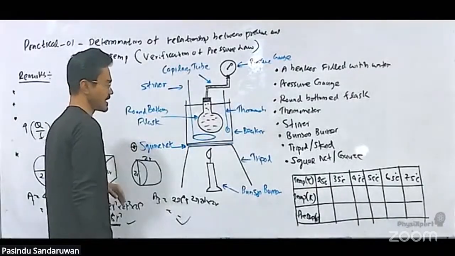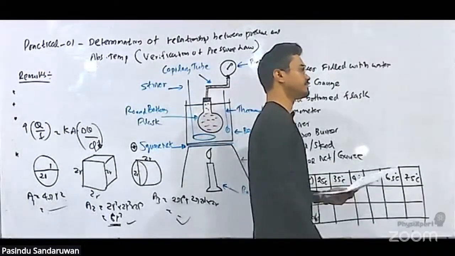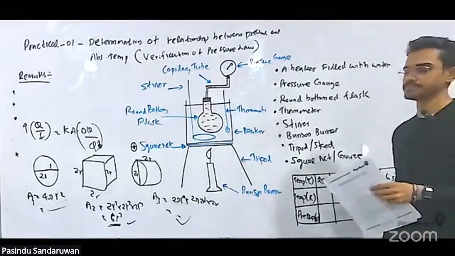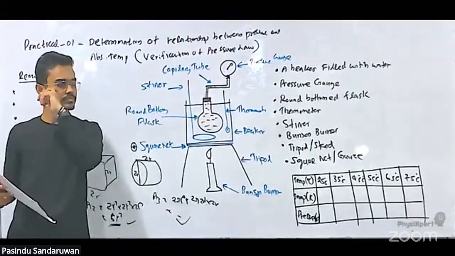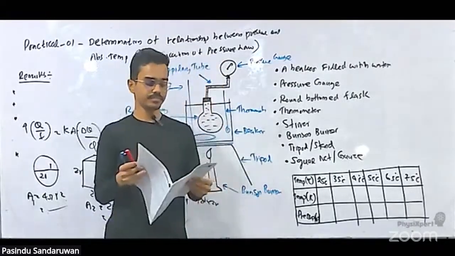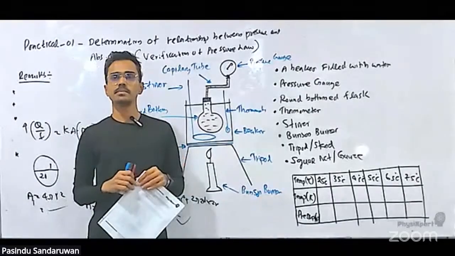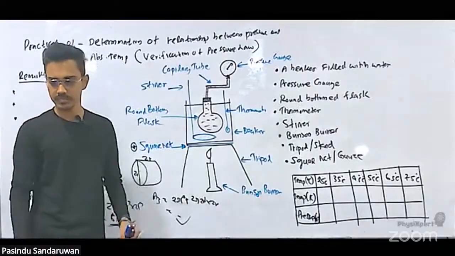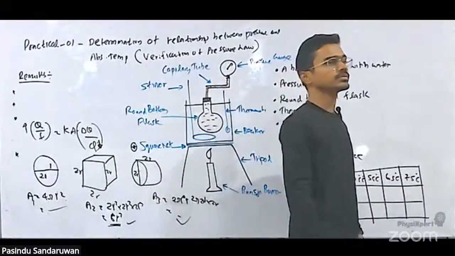Next point: gases such as hydrogen, helium or neon are used since their behavior is much closer to that of an ideal gas.